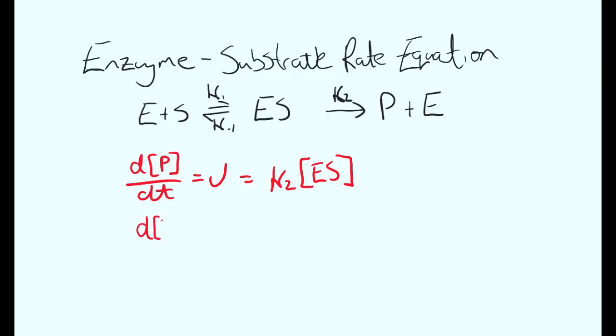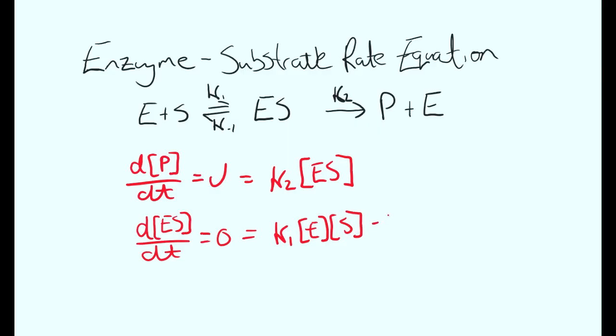We can take this approximation for the enzyme substrate complex and define dES/dt equal to 0. If we then define what the rate of formation of enzyme substrate complex is, i.e. what the dES over dt is, this is equal to the rate at which it forms, K1 E S, minus the rate at which it falls apart into enzyme and substrate, minus the rate in which it forms product and enzyme.